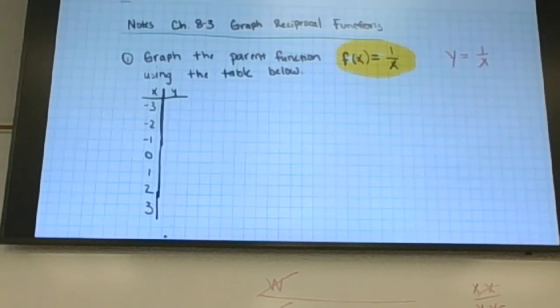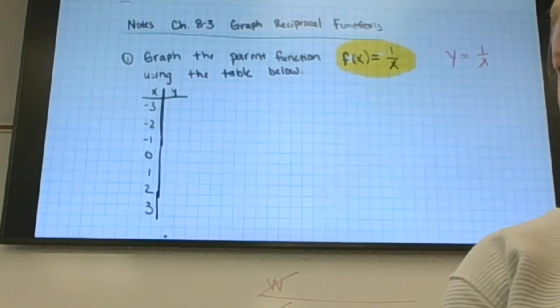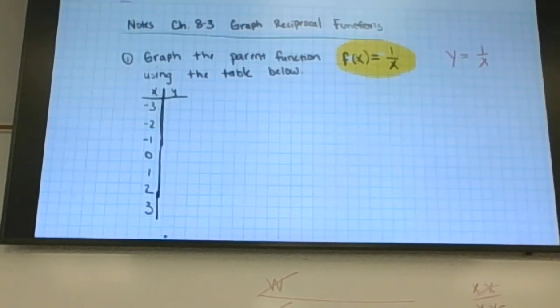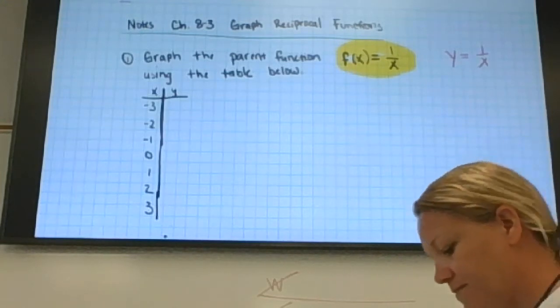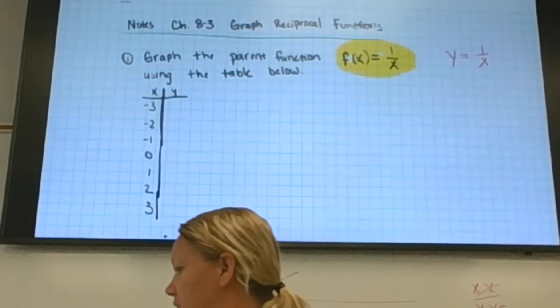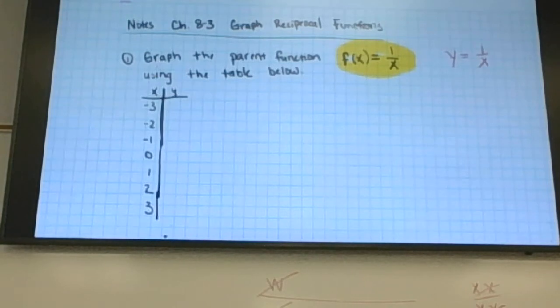Undefined. Very important. You cannot graph undefined, so it represents a break in the graph. Let's put an asymptote there. As soon as I put another number in there, it's something else.